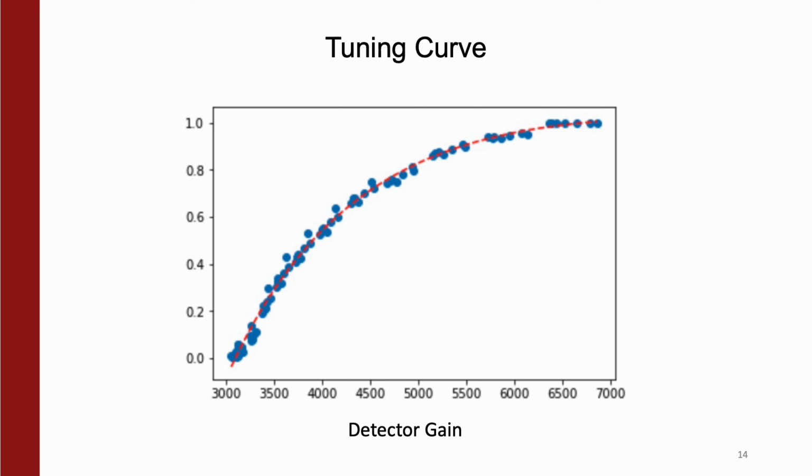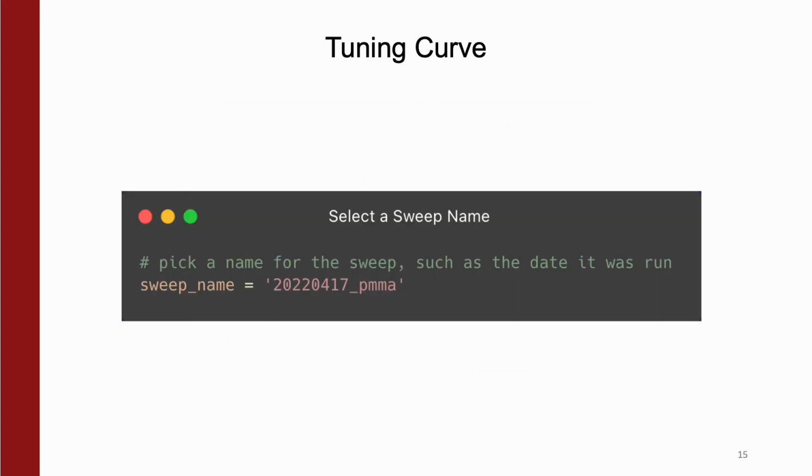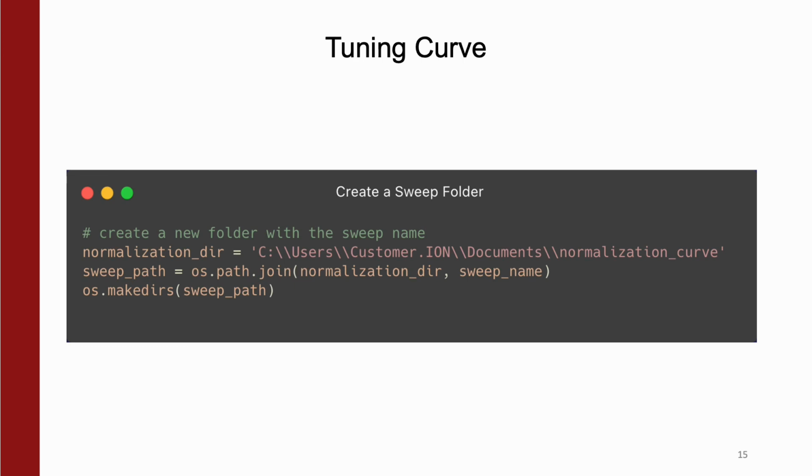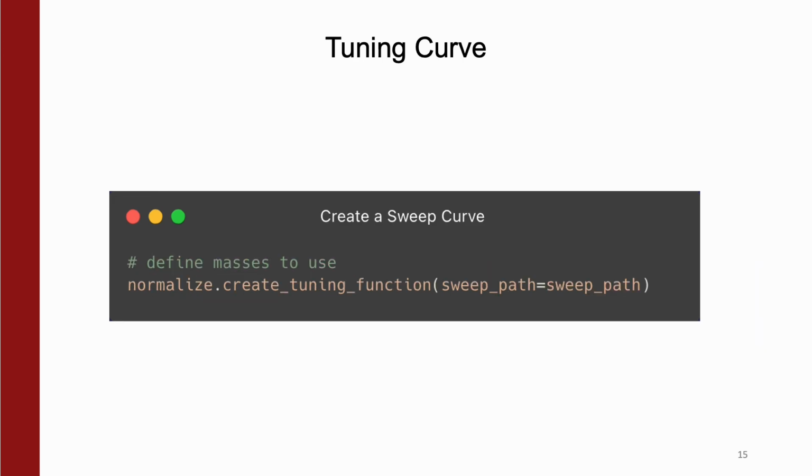The x-axis is detector gain, and the y-axis is the percentage of max signal. It should look qualitatively like this. However, it is okay if the actual values are slightly different. In the notebook itself, you're going to first pick a sweep name, which will then be where this curve is stored, and then you're going to create the tuning function. You do this once per CAC.